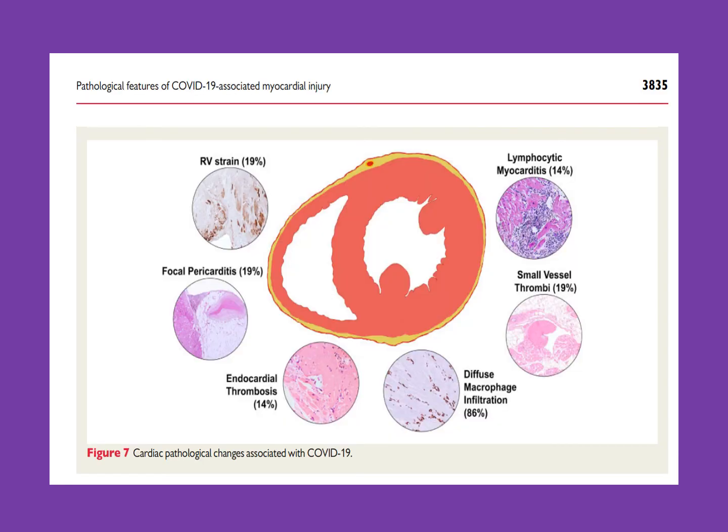So to summarize, these are the cardiac changes in COVID-19. The most common is the diffuse macrophage infiltration, about 86%, followed by your small vessel thrombi, and also your focal pericarditis and RV strain, and the less common are the lymphocytic myocarditis and endocardial thrombosis.